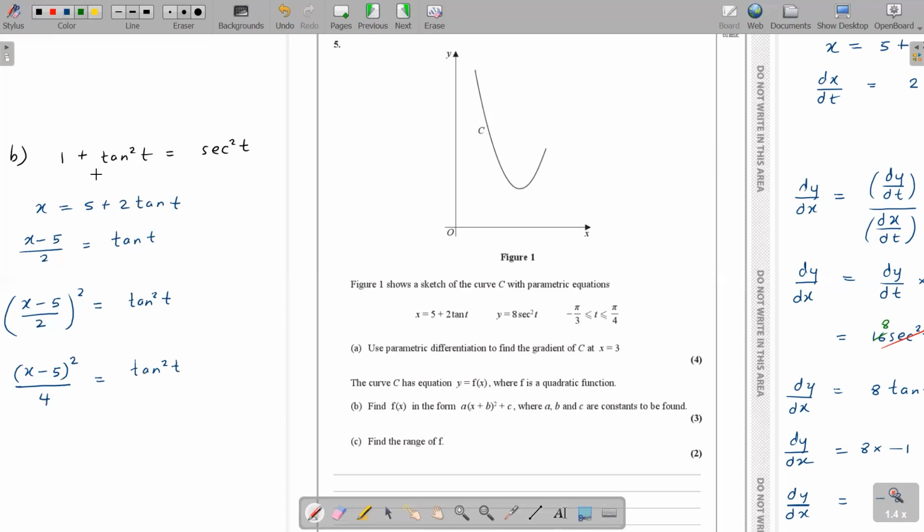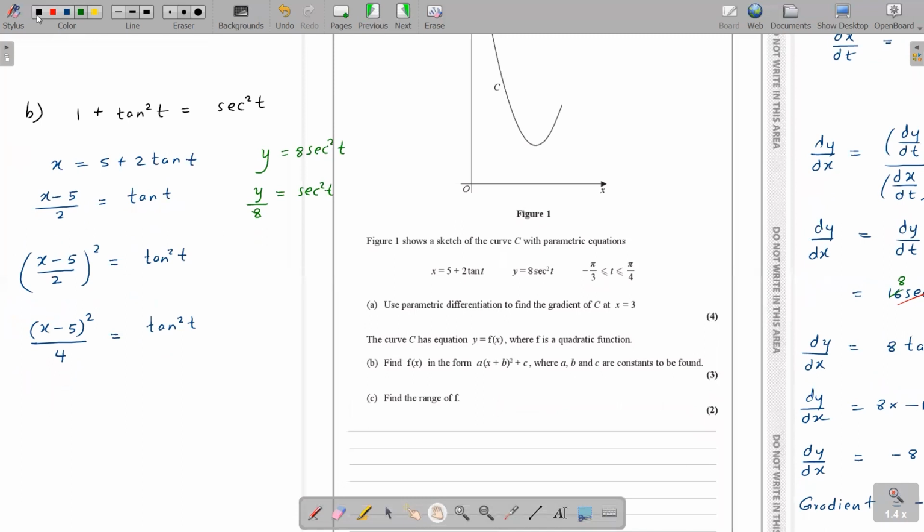The other equation is y equals 8 sec square t. So from here, if I make sec square t the subject, I get y over 8. So now we have sec square t and tan square t. Take these values and substitute into the equation. Let's substitute into 1 plus tan square t equals sec square t.